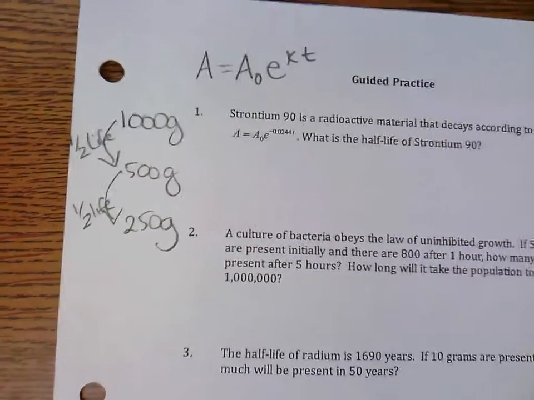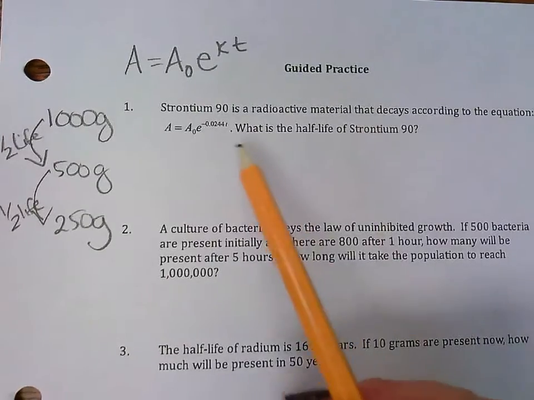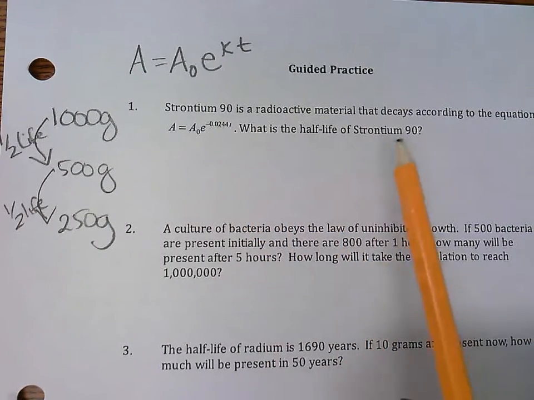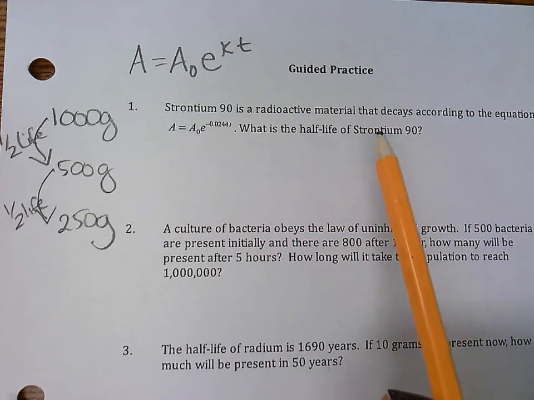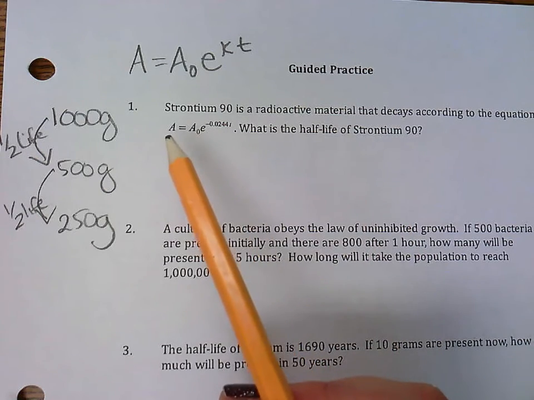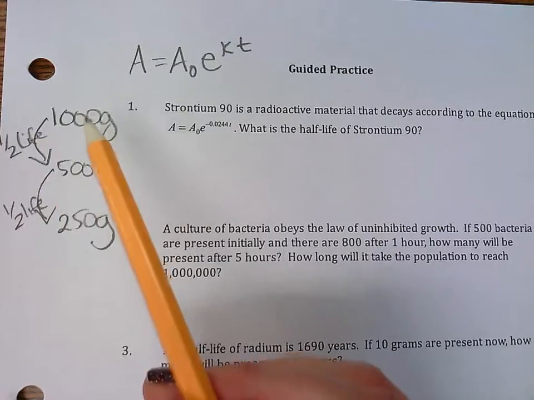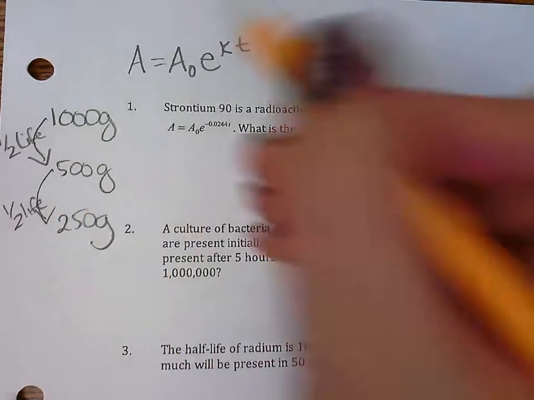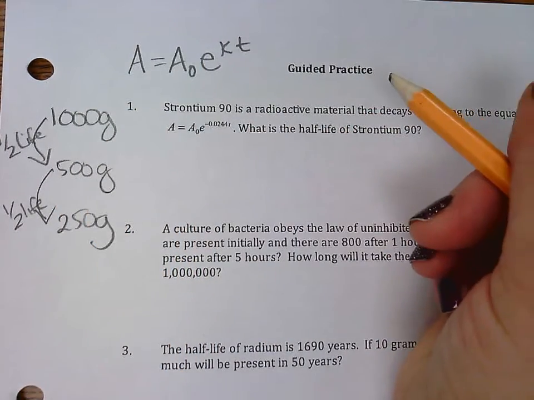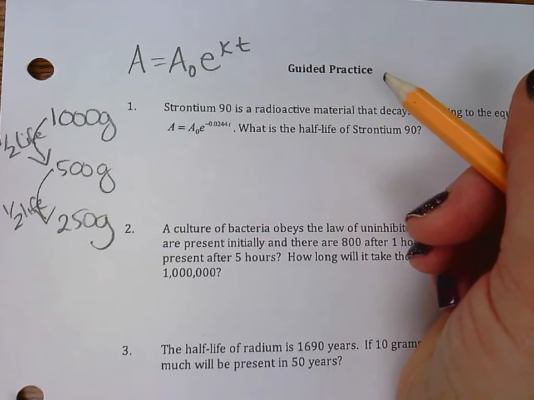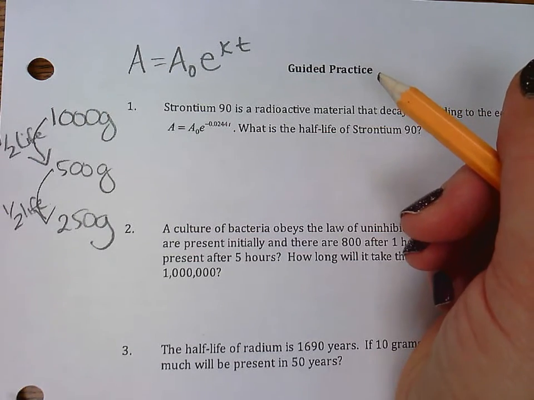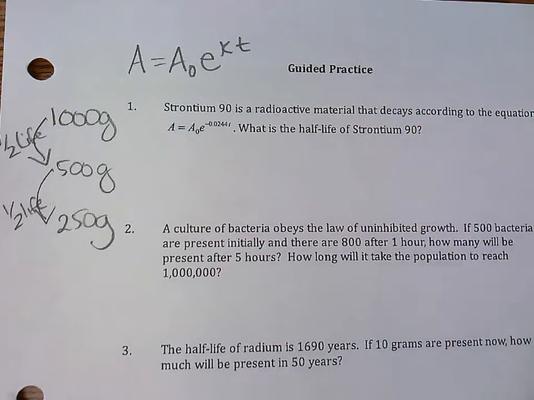So they've given you the K value, but they want to know what is the half-life for strontium. You need to pick a starting value and an ending value that makes sense for a half-life. So for example, start with 1,000, end with 500. It means the starting amount at time 0. The 0 is not actually the number 0 that you're plugging in.